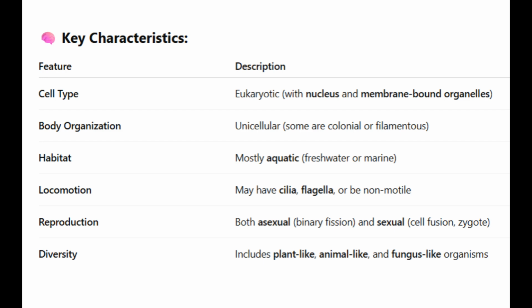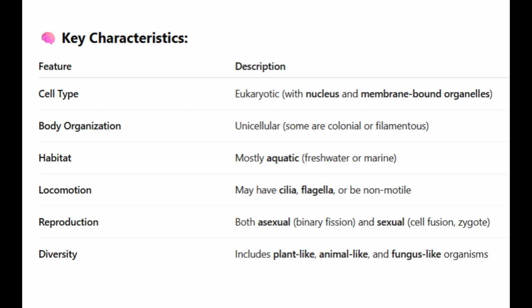Locomotion. Many protists can move. They may use cilia, flagella, or some may even be non-motile. Their methods of movement are often linked to their type and function. Reproduction. They reproduce in multiple ways. Asexual reproduction through binary fission is common, while sexual reproduction can occur via cell fusion and zygote formation.